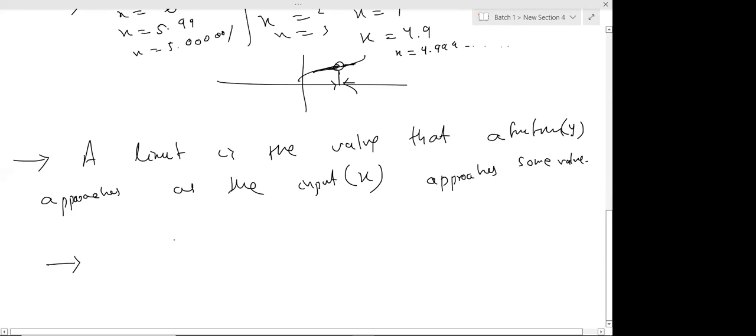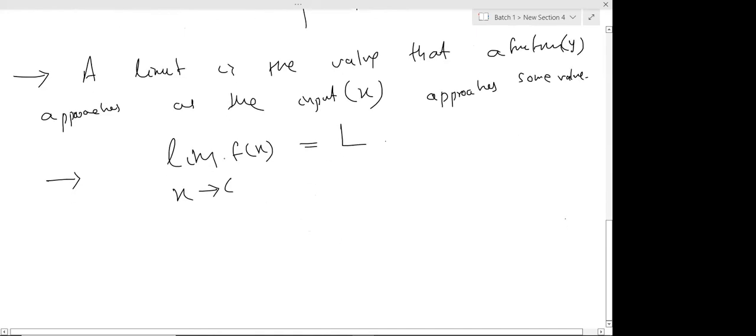All right, we write this as limit x tends to c of f of x is equal to L. All right, how do we read this? Limit of f of x when x tends to c, or approaches c, is equal to L.